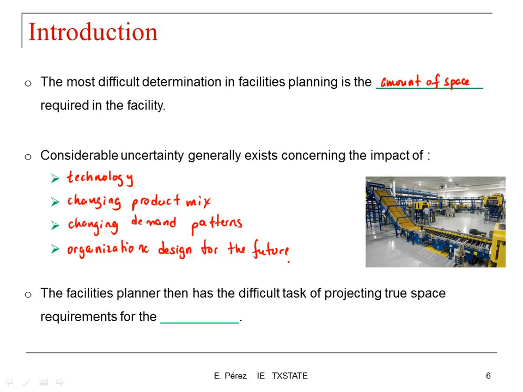So when taking all these things into consideration, the facilities planner has a difficult task in projecting the true space requirements for the uncertain future. So the idea with this topic is you're going to have to deal with this uncertainty, but also when you're planning your facility, you need to take into account that there are going to be other systems occupying space in your facility.